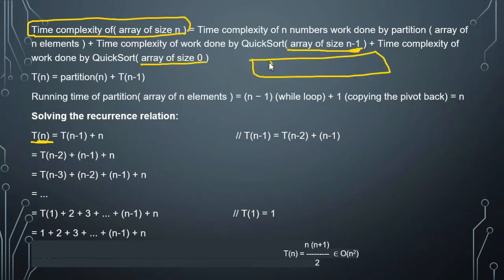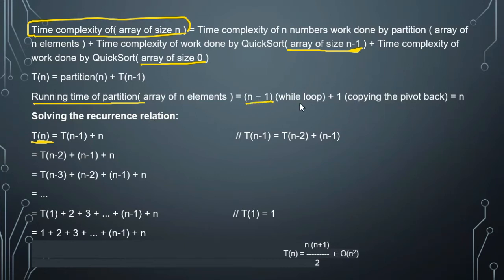So if the pivot is chosen as 1, it will do nothing but a comparison, because it is present in the sorted array. Now, if we see the running time complexity of the partition of the array of n elements, it is n minus 1.